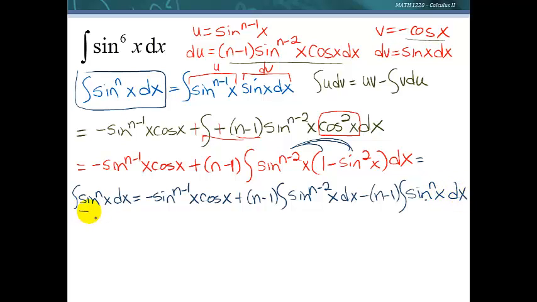Now what we have is this integral and this integral match, so I'm going to move this one over to the other side.